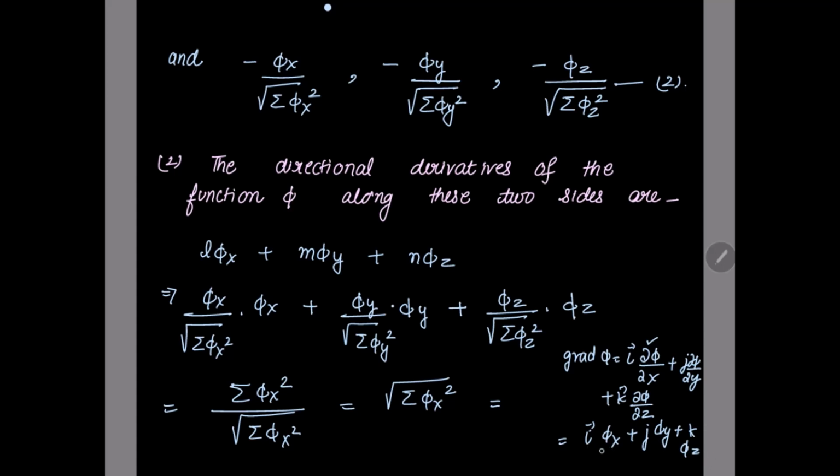So mod of grad phi is equal to root of phi x square plus phi y square plus phi z square, which can also be written as root of summation phi x square. This is what we have.